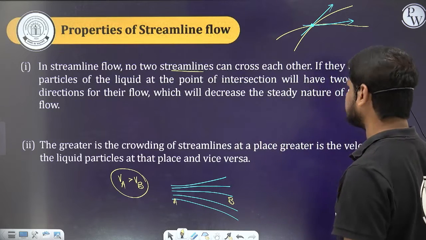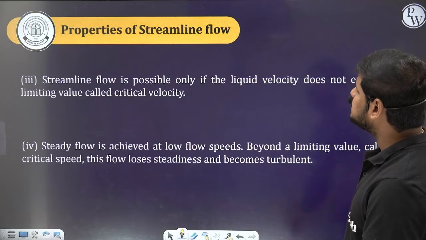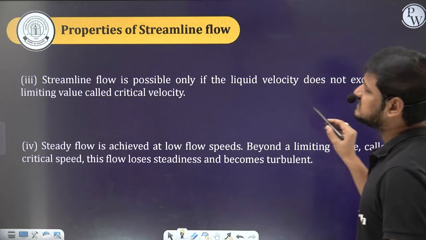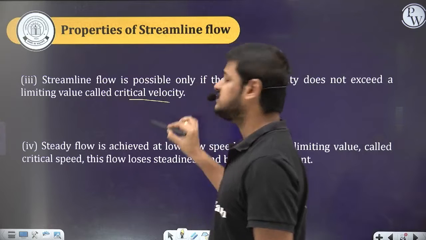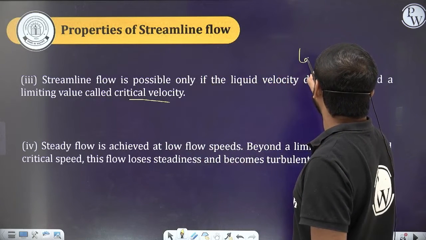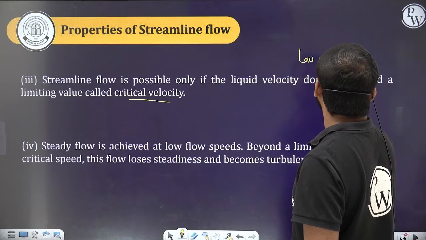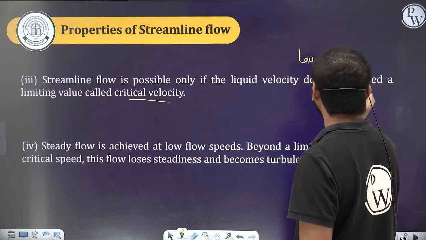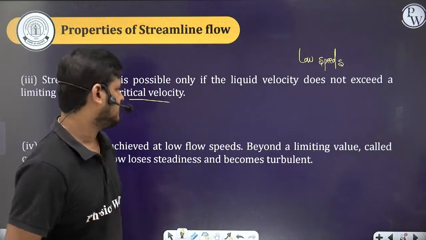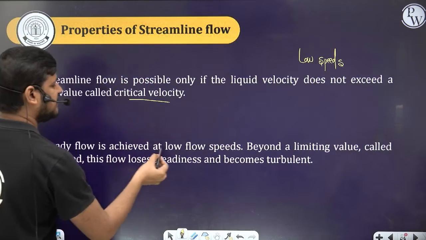Okay. So streamline flow is possible only if the liquid velocity does not exceed a limiting value. That means at low speeds only you can achieve the streamline flow. At very high speeds of the fluid, streamline flow is not possible. So steady flow is achieved at very low speeds.